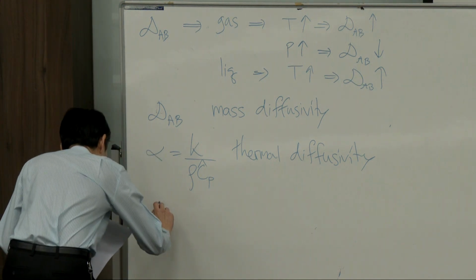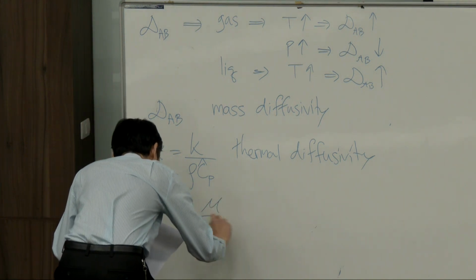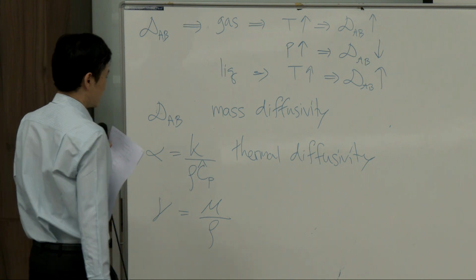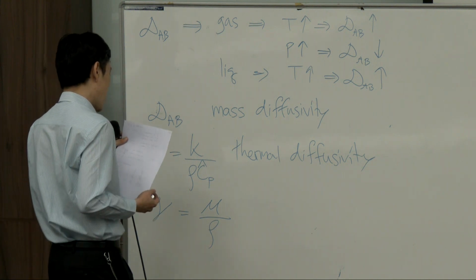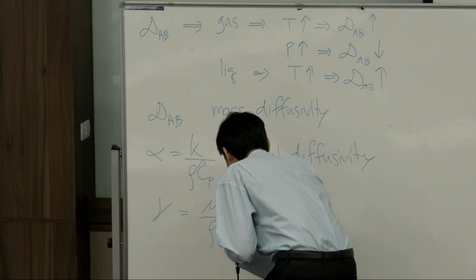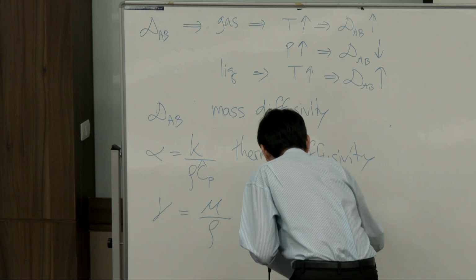And then from the momentum section, nu equal to mu over rho. This is called kinematic viscosity, or sometimes also called momentum diffusivity.